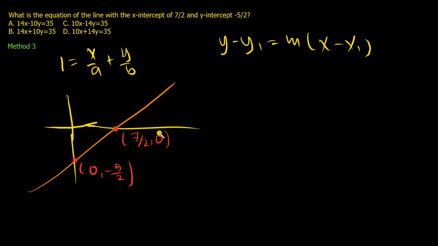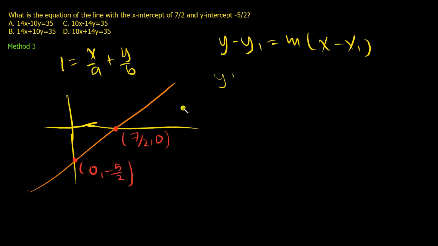Kaya nga naman, kabalo man ta na, pag x-intercept 7 over 2, 0. Pag y-intercept, that's 0, negative 5 over 2. So, technically, naa kay duha ka points na given sa problem. Tama? So, tara, solve na to.